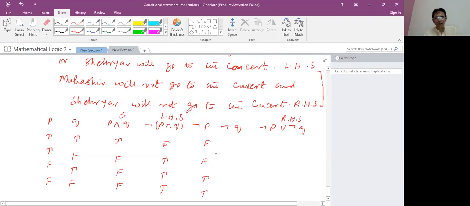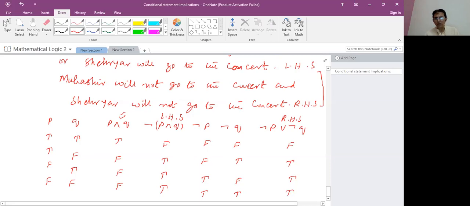The negation of Q is false, true, false, true. When we join the negation of P and the negation of Q with the addition operation: 0 plus 0 is 0, 0 plus 1 is 1, 1 plus 0 is 1, and 1 plus 1 is 1.